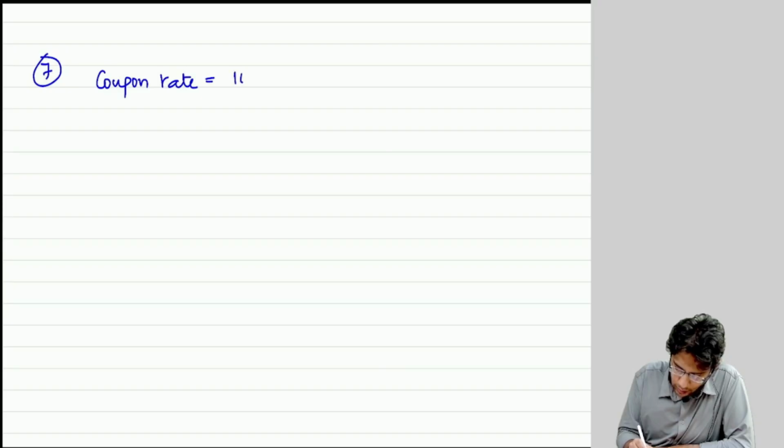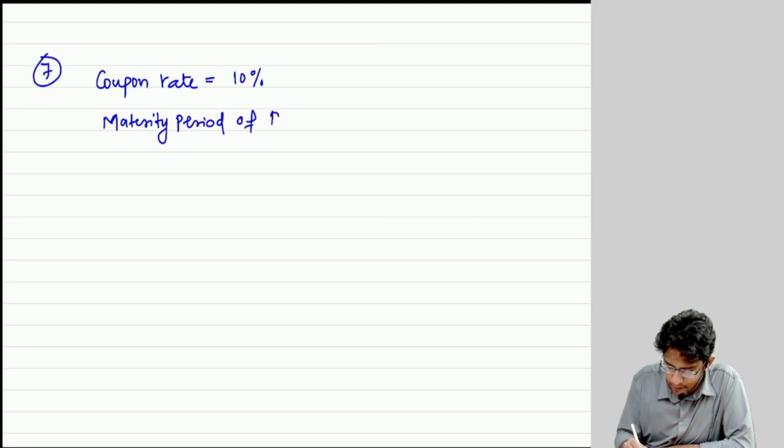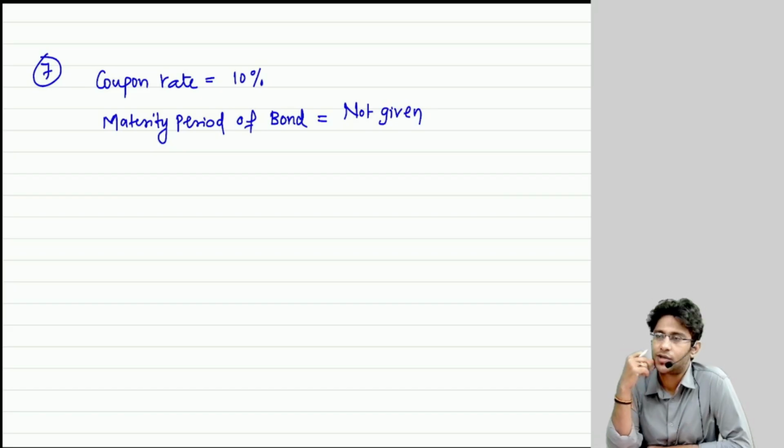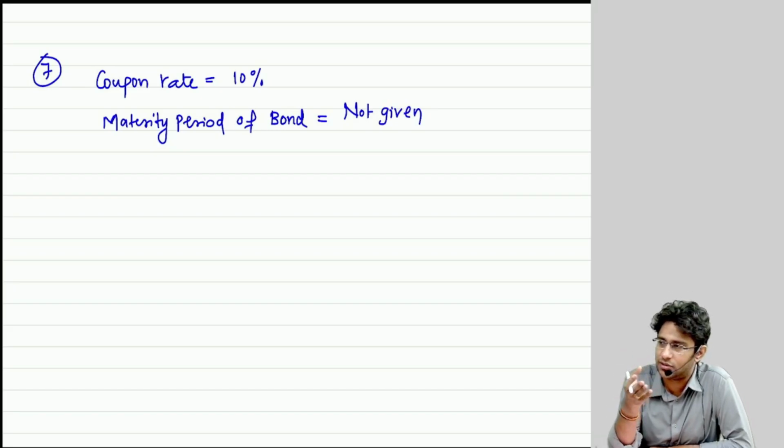Coupon rate is equal to how much? 10%. What about maturity period? Read the question quickly and tell me what is the maturity period. Not given. Read 100 times, you won't find. Sir, not given means I will assume 3 years. If you assume 3 years, this boy will assume 8 years. It's lucky number 8. 16.